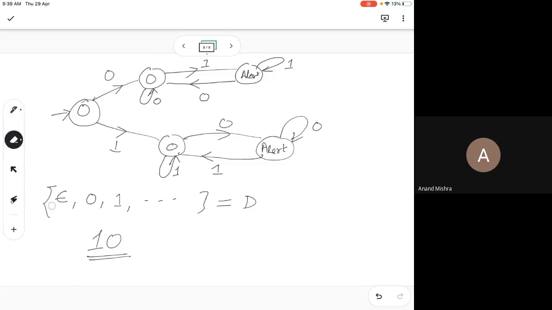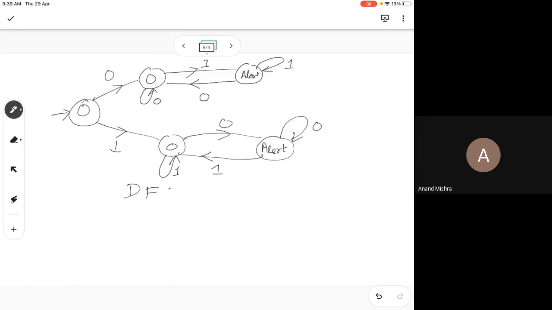Any question on this design? This is the DFA for D. And therefore D is regular.